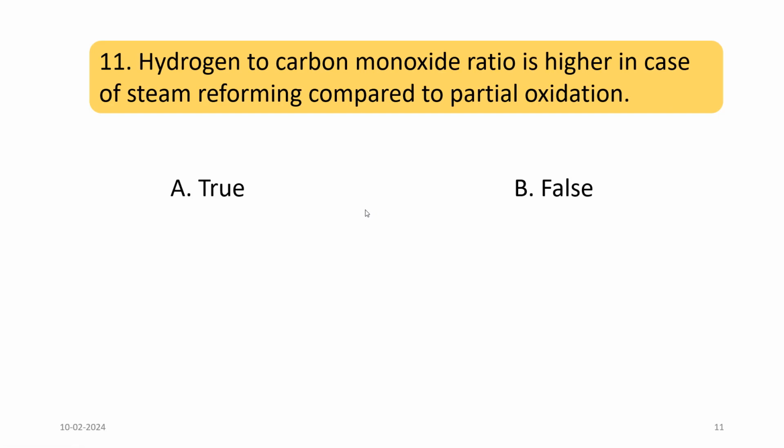Next: the hydrogen to carbon monoxide ratio is higher in the case of steam reforming compared to partial oxidation.